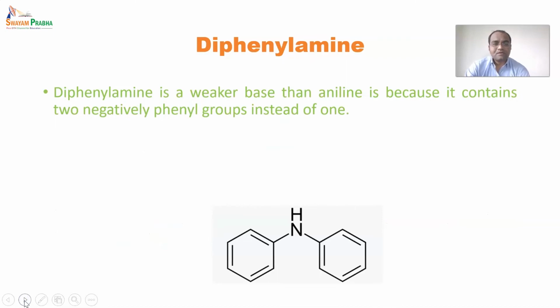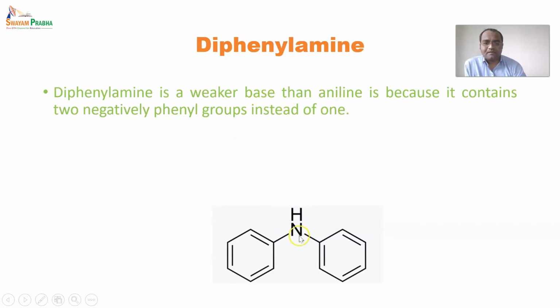From this it can be understood why primary, secondary and tertiary amines are weaker in the series, meaning tertiary are weaker than secondary and then primary. Primary are the strongest bases compared to tertiary in the series. And why does it happen? From this structure you can see that there are two phenyl rings adjacent to the nitrogen, and diphenylamine is a weaker base than aniline.